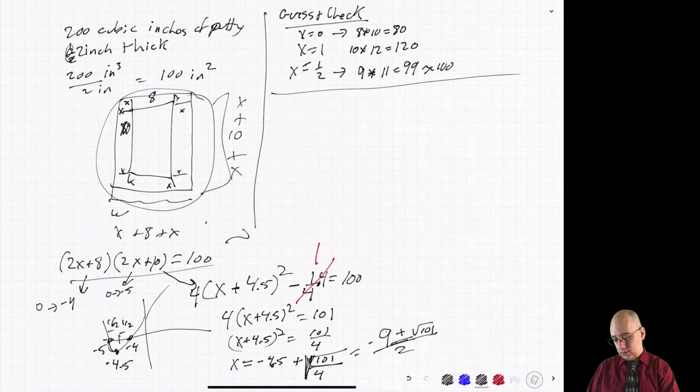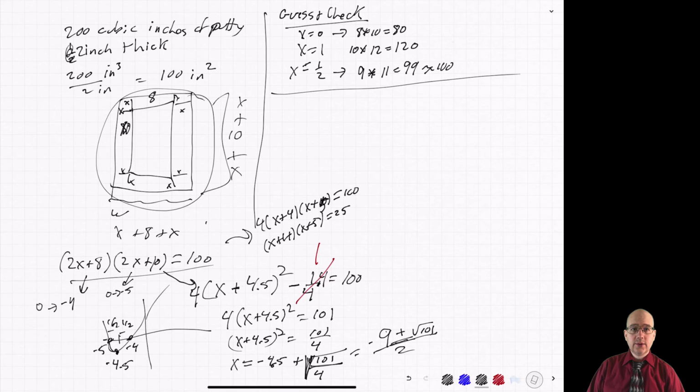So like I could have done this plus 4x plus 10, oops, plus 5 times 4 equals 100, or x plus 4 plus 5 equals 25. I could have done those things, although then I would have created some other work, but, you do you.